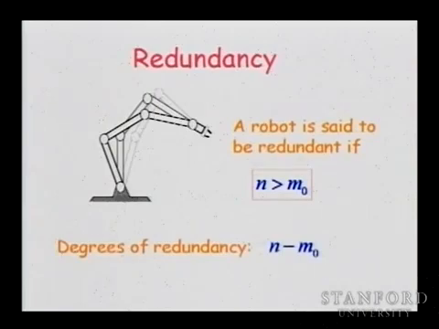Okay? So essentially, we're not going to really discuss redundancy, which is very important, but we're going to focus on non-redundant robots first. In fact, in spring, we will cover redundancy extensively.